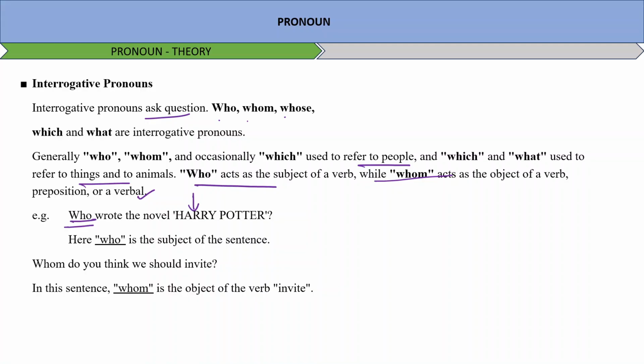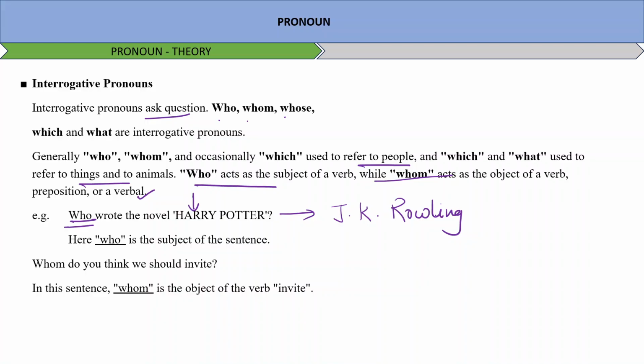That is why you are questioning with the help of the word who. If I say J.K. Rowling wrote the novel Harry Potter, she was the creator of the wizard boy Harry Potter. So who becomes the subject? J.K. Rowling becomes the subject.